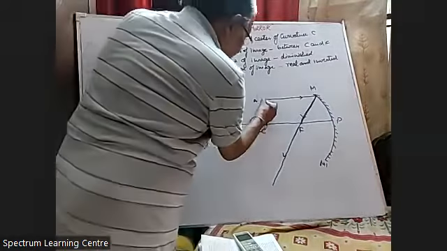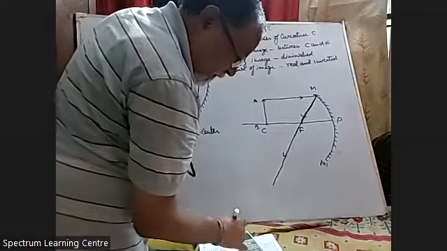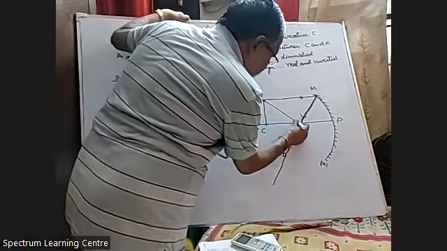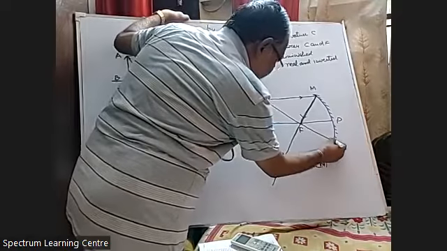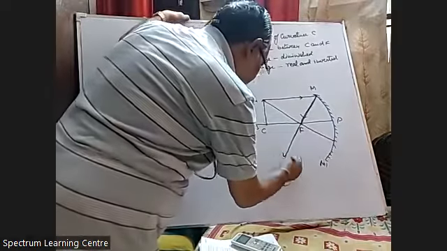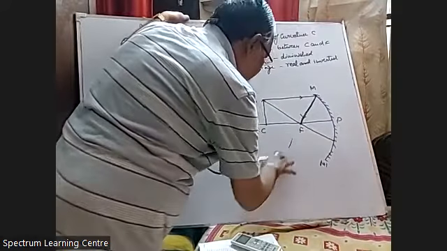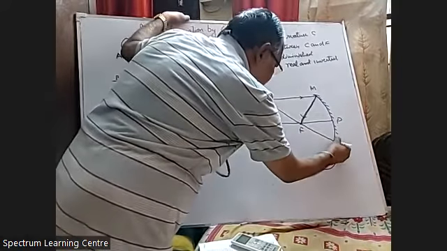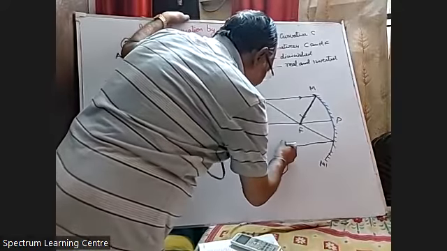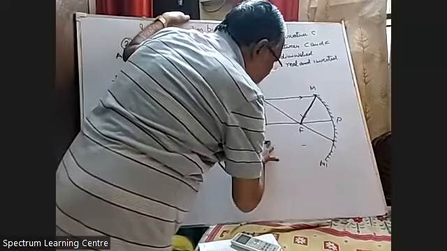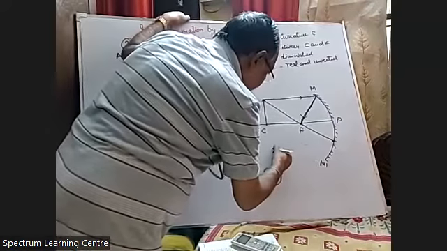Clear? Now I'll take another ray passing through focus, and we know it becomes parallel to the principal axis.